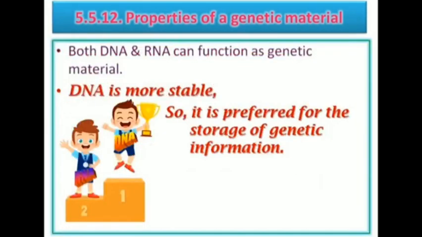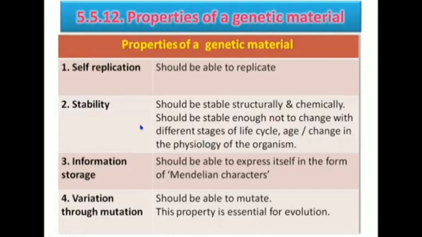So RNA is unstable. Both RNA and DNA can function as genetic material, whereas DNA is more stable, so it is preferred for the storage of genetic information. So let us have a conclusion or a summary of these properties of genetic material.